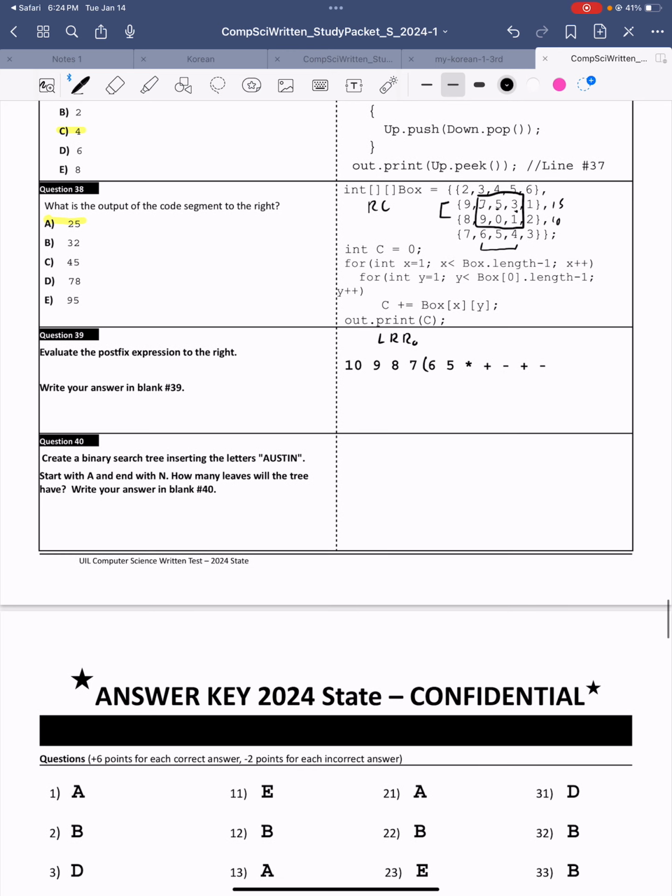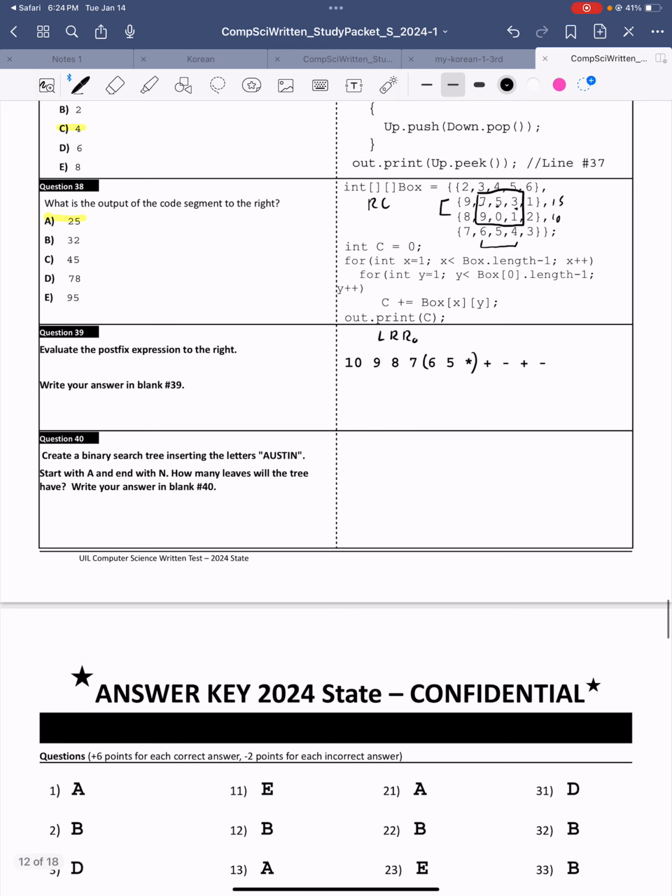So 6 and 5 here. And then this is going to equate to 30, right? Because 6 times 5 is 30. And then you're going to do 7, 30, and this plus sign. So 7 plus 30 is 37.